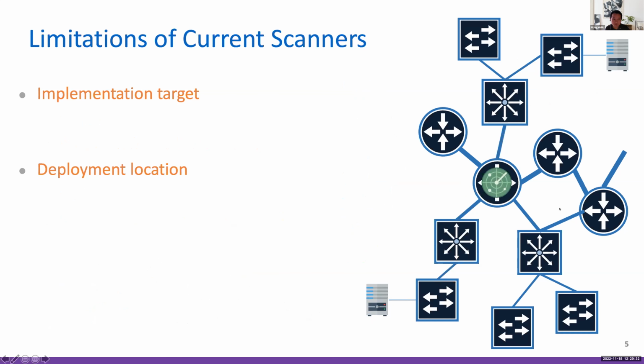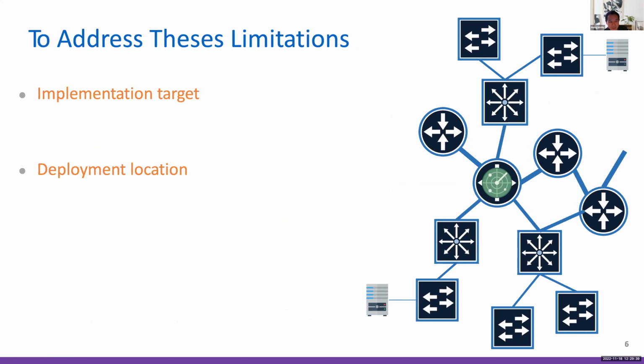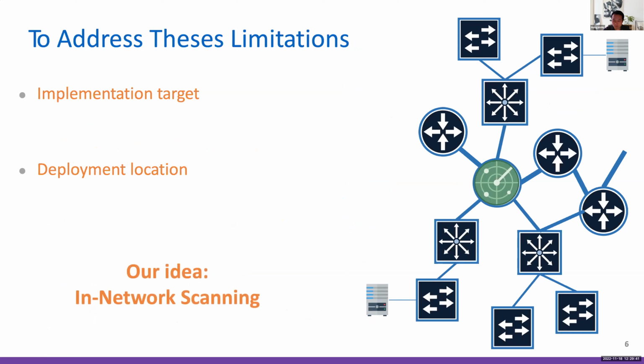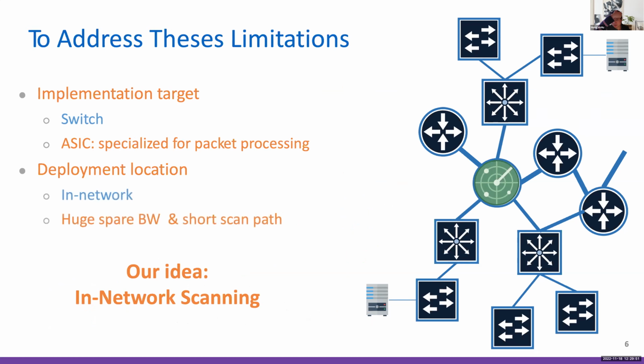So the idea for our system, IMAP, is that we try to build what we call an in-network scanner. The major idea is that we deploy our scanner within the switch, especially a programmable switch as we discussed. The switch can process packets very fast, and because we deploy the scanner within the switch, we can do in-network scanning.